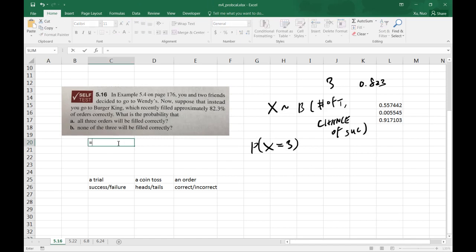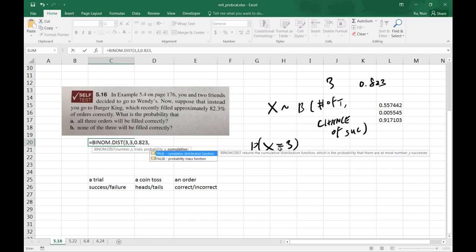Binomial distribution. We get number of successes, in this case 3. Number of trials, again, is 3 because we have 3 people ordering food. Probability of success is this number, 0.823.